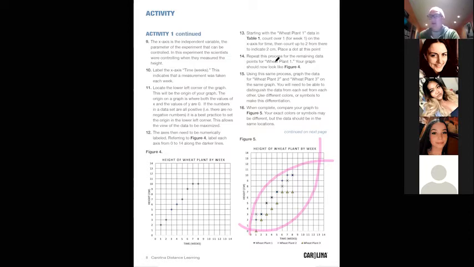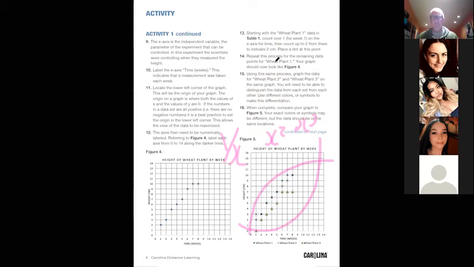Something else is happening. Maybe it's related to X squared, or X to the 3rd power, or 1 over X. You'd be able to tell that by the shape of the graph after you plotted everything.